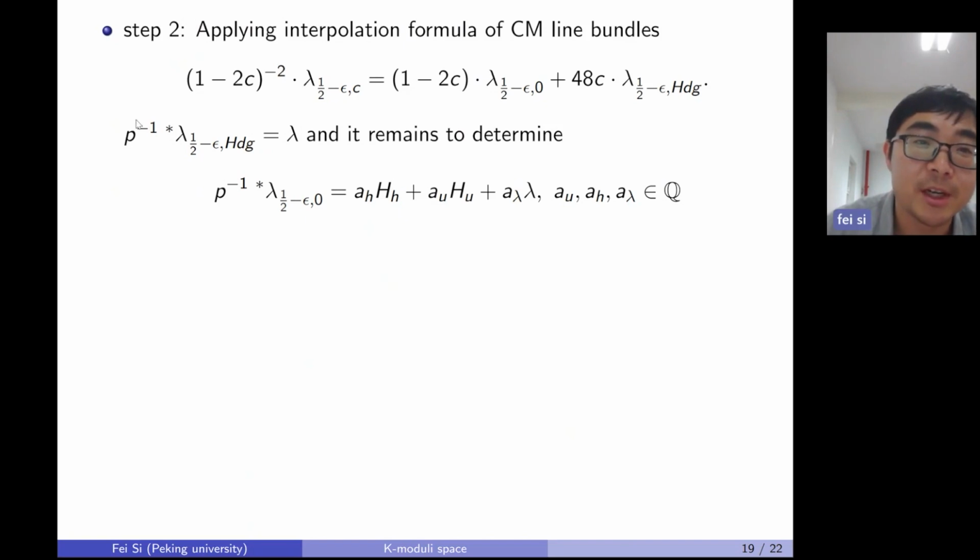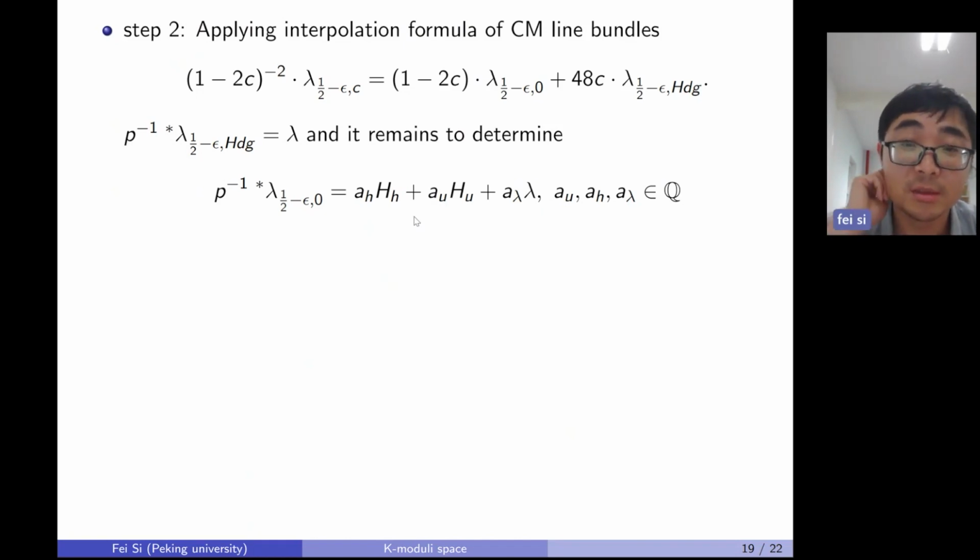The Hodge line bundle here is just the Hodge line bundle on the locally symmetric variety. This line bundle, you can write it as the linear combination of these three divisors: the hyperelliptic divisor, the unigonal divisor, and the Hodge line bundle.